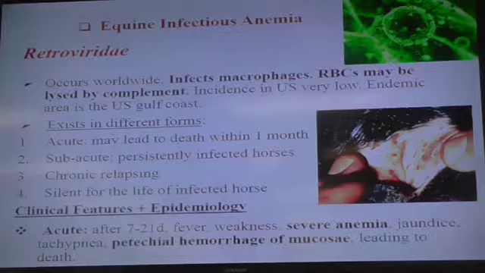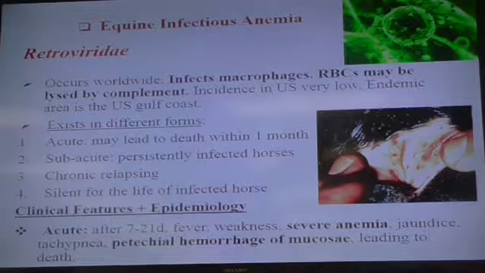It can be like the equine viral arteritis. The animals can be persistently infected, and hence they shed the virus and transmit the disease. Or it can be chronic relapsing.